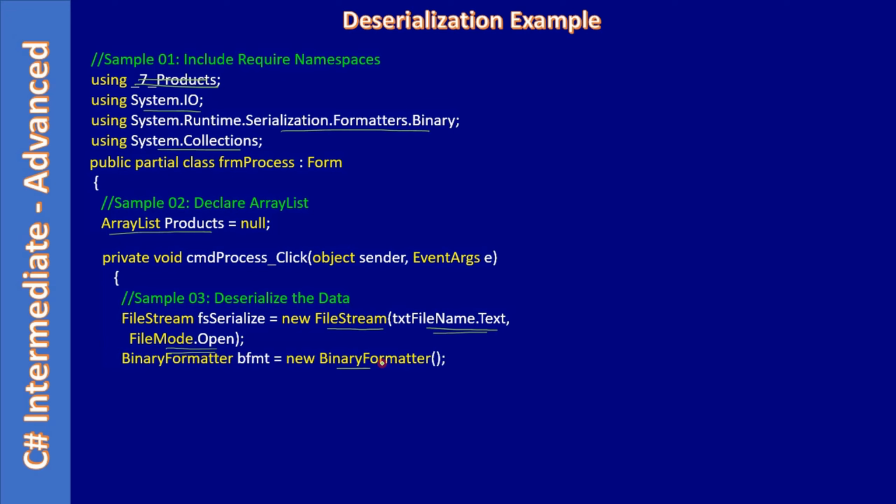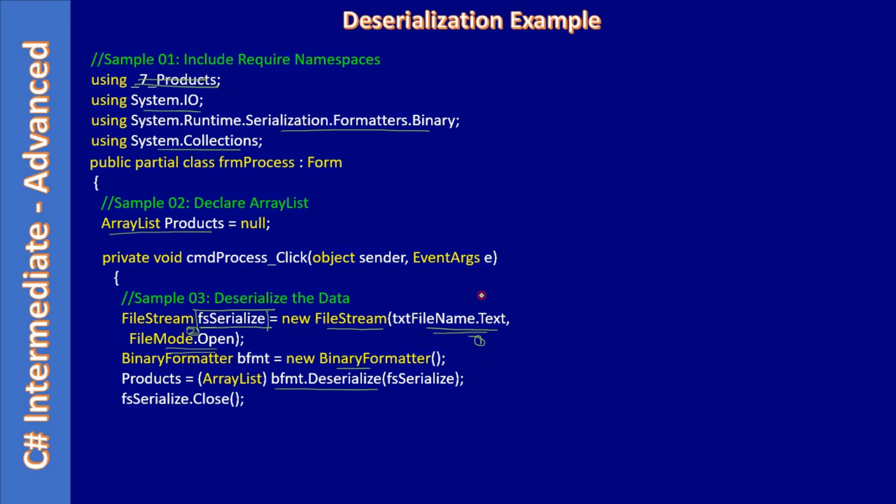Then we create a binary formatter. After that, if you see, we are making a call to BinaryFormatter.Deserialize, and we provide the file stream name. The file stream we already opened. Here we specified the location as well as told it to open the file at that location.